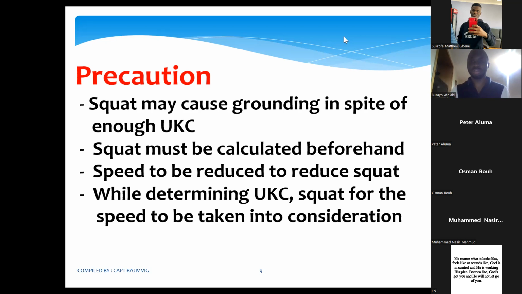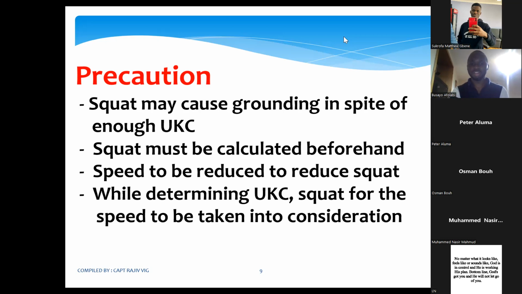What do you start doing? You go down to a deeper side of the water, not neglecting the fact that there might be reduction and still proceeding in shallow water with the 1.5. So all these things should be taken into consideration too.